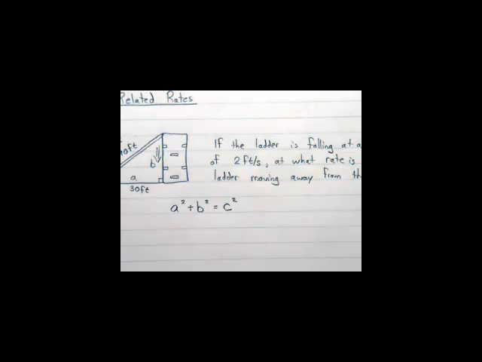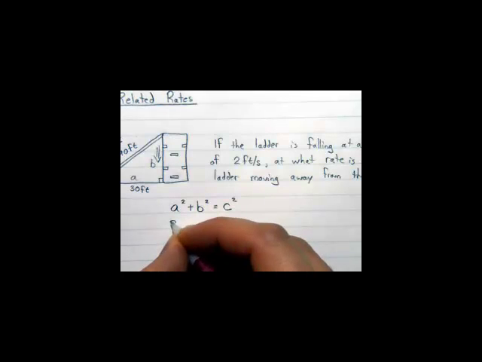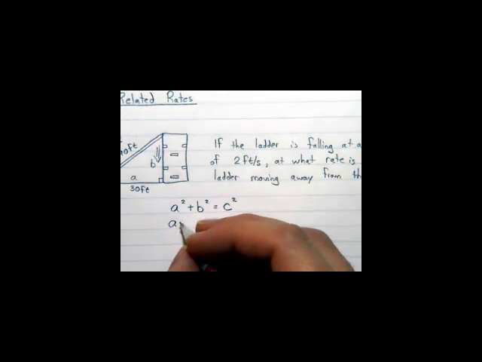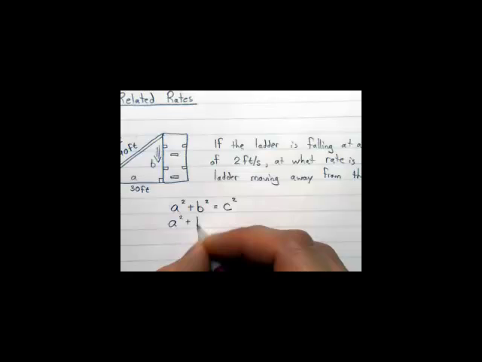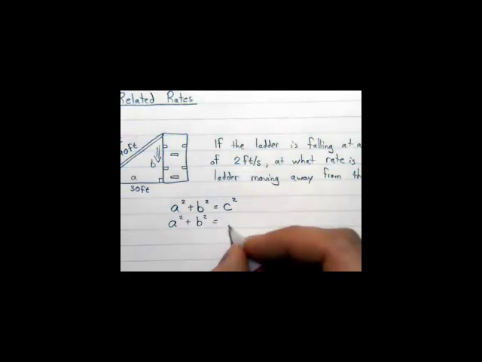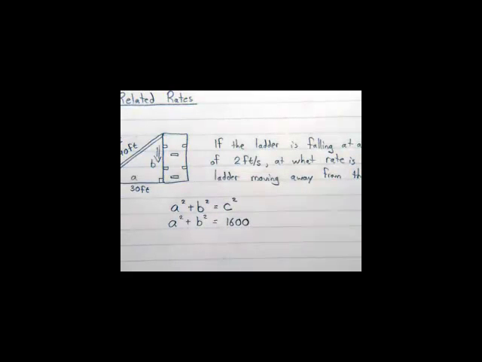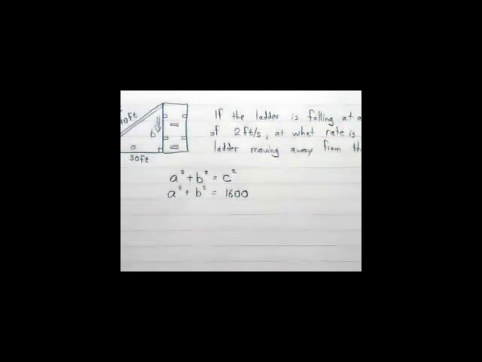But C doesn't change, so we don't need to worry about a dC/dt because there's no change in C. It just stays. So when we go through and do this, first of all, the part that doesn't change, you can go ahead and just put the number in.